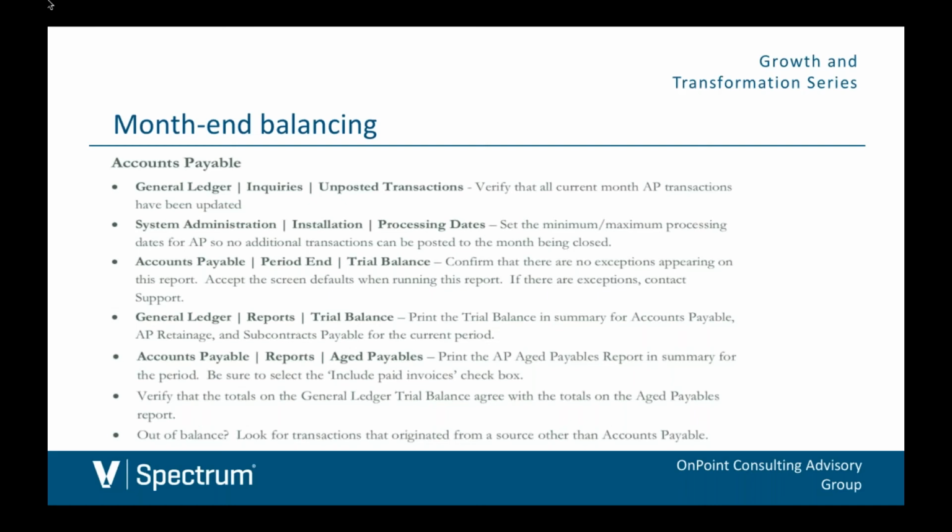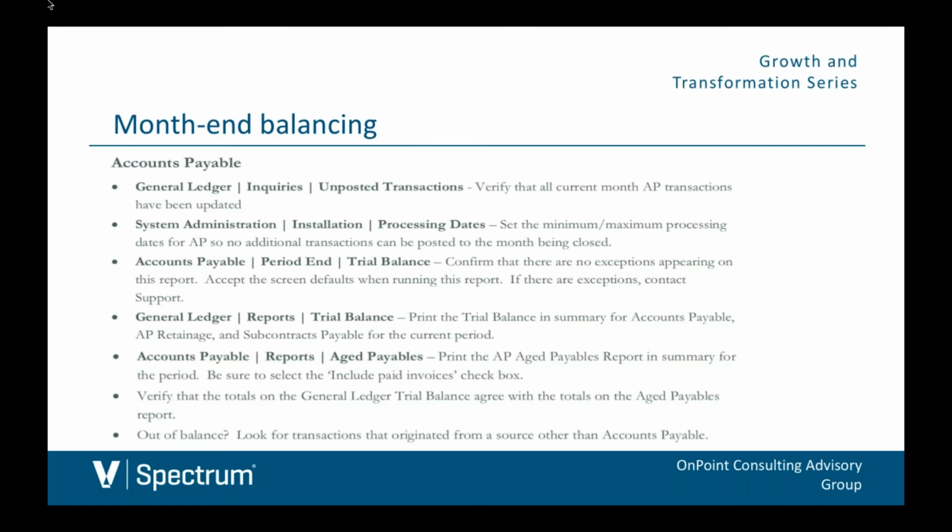But if there are exceptions, it says contact support, because what the exceptions could be is that the transactions don't match the master file, what's on the vendor. There was a disconnect somewhere along the line, so it takes some special kind of help to get those back in line.